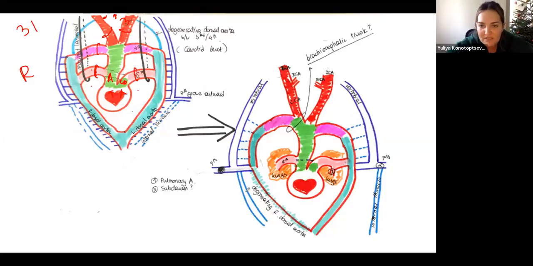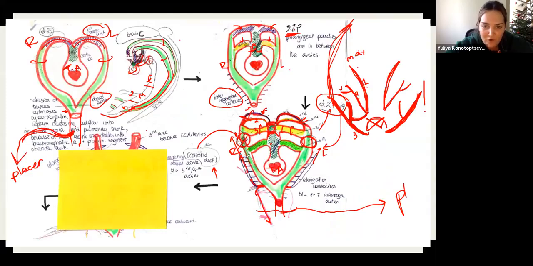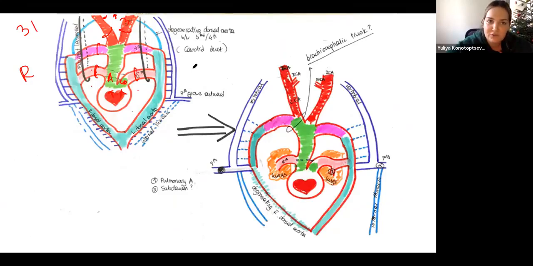Do you remember the vessels that we have formed by the first 7 intersegmental, right? So the first 7 intersegmental have formed a vessel which is going upwards. This vessel is the vertebral arteries. Okay, so the ones which are going up, they are called vertebral arteries. Once the vertebral arteries are formed, the first 6 intersegmental arteries degenerate.